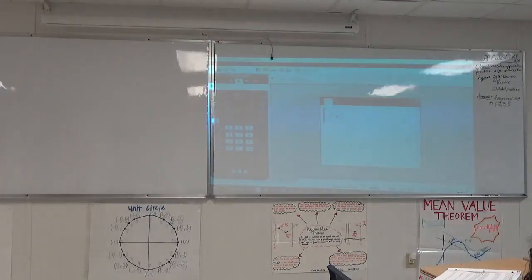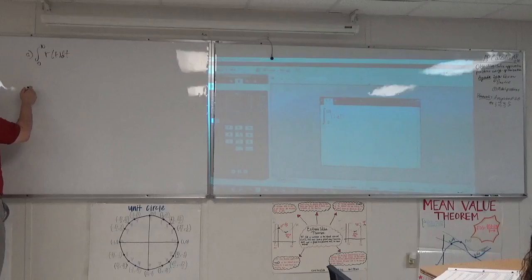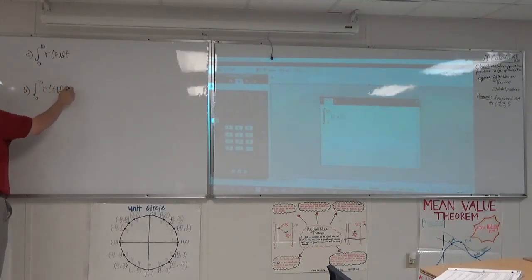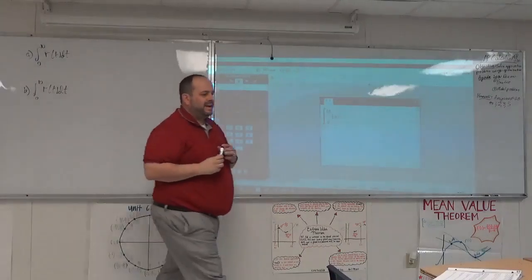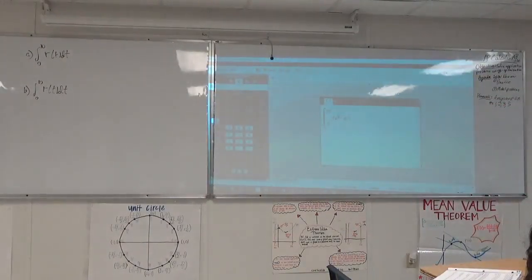Instead of total temperature decrease from t equals 0 to 10. In part A, I want your explanation of this definite integral. I don't care about a number.